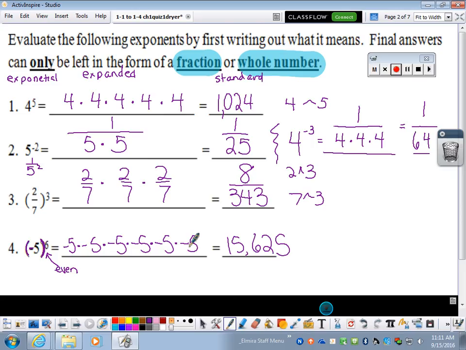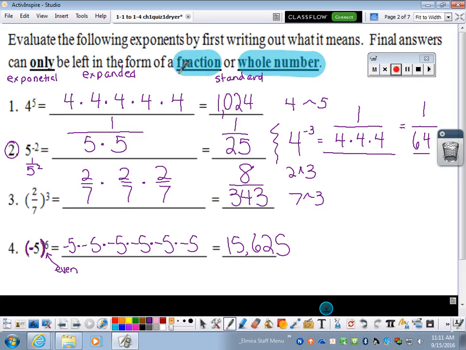Now, I want to go back to number 2 for just a second. It is possible for you to type into the calculator 5 caret negative 2. And the calculator will say 0.04. And while that is a mathematically true answer, the directions are specific.